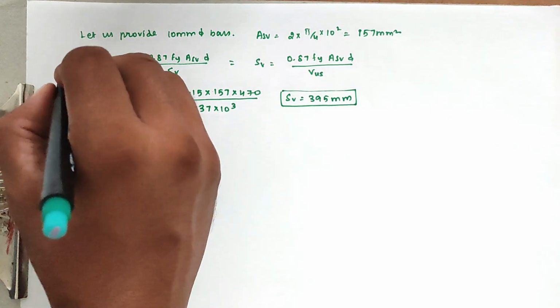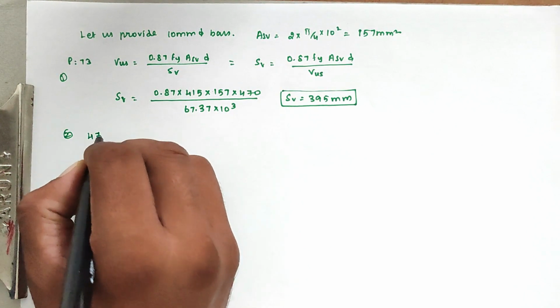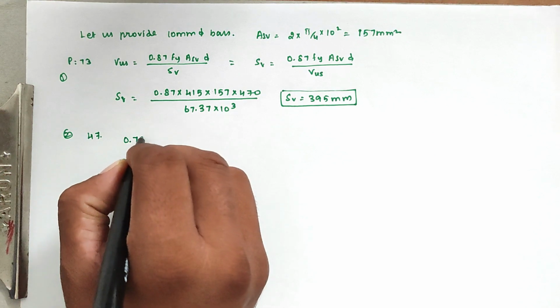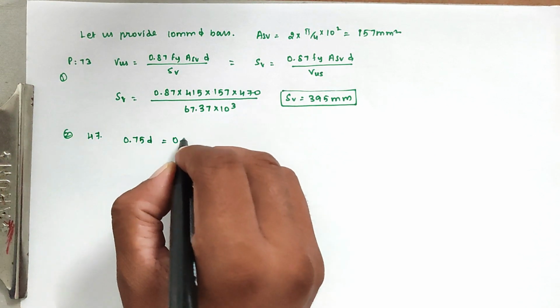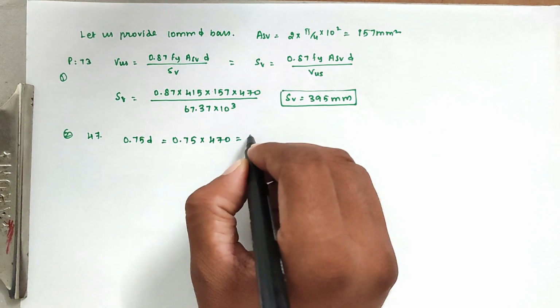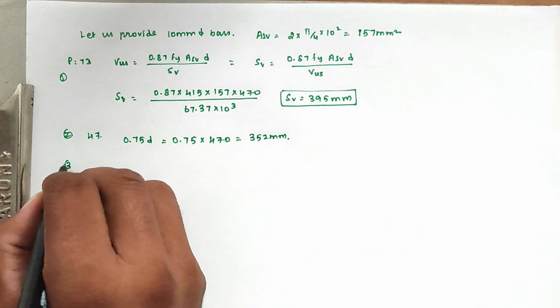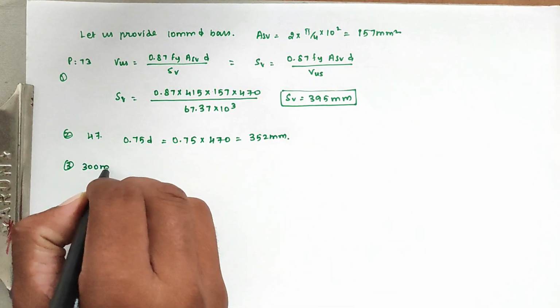Okay, so this is the first one. So the second one is from page number 47, 0.75 into D. So now 0.75 into 470, so now we got the value of 352 mm. Okay, so the third thing is 300 mm.